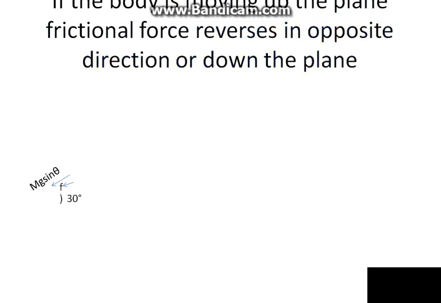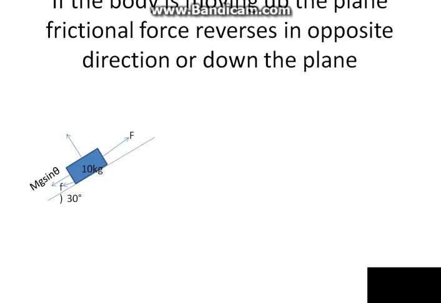If the body is moving up the plane, the frictional force reverses and acts in the opposite direction, down the plane. Looking at the body with a mass of 10 kg moving up an inclined plane of 30 degrees, the frictional force will be in the opposite direction, while the force acting along the plane will be mg sine theta.